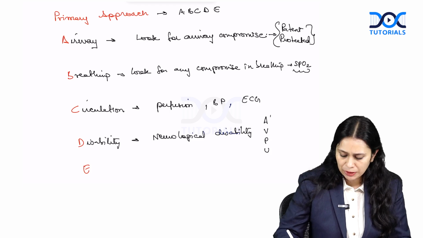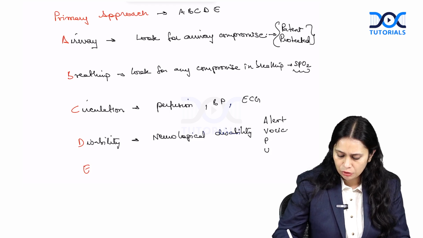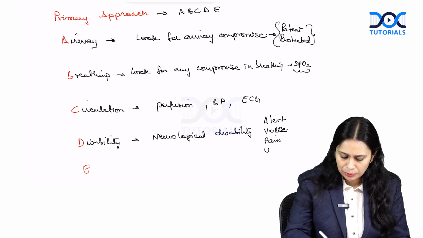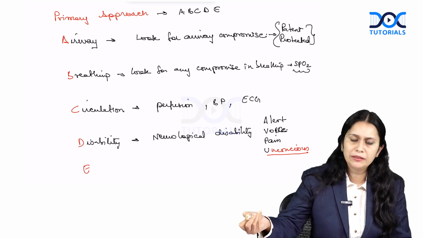We see whether the patient is alert, whether the patient responds to voice, whether the patient responds to pain, and whether the patient is unconscious. If at any time the patient becomes unconscious, we go for the BLS approach.